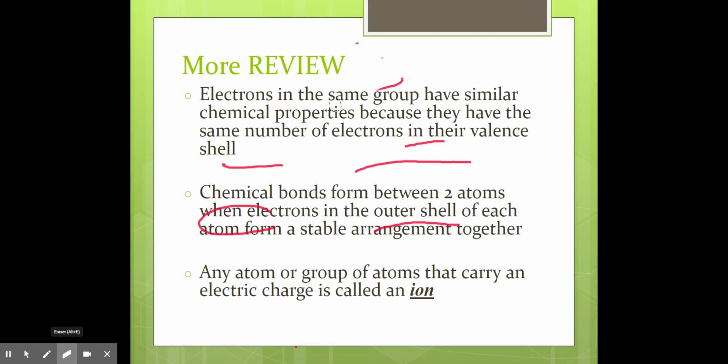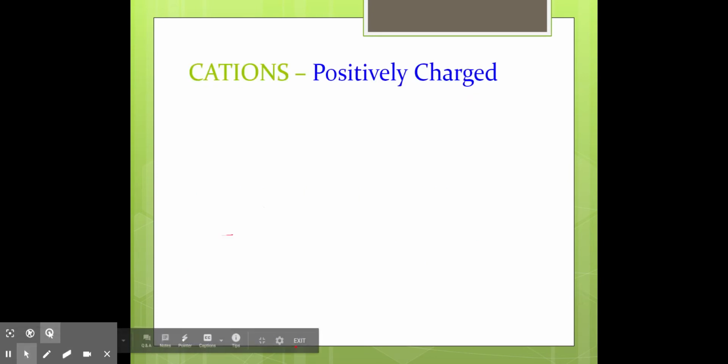Next, a little bit more about it: with chemical bonds, we're only dealing with the valence electrons. So it's going to be something that forms an ion based off of how many electrons it gains or loses. Cations are positive.